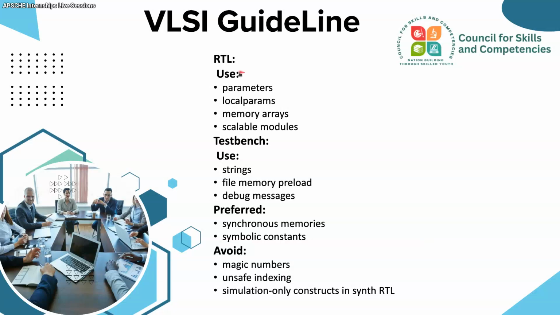So in the RTL, you can use parameter, local parameter, memory arrays, and scalable modules. For the test bench, you can use strings, file memory preload, and debug messages. It is preferred for synchronous memory and symbolic constants, and avoid hard-coded numbers, unsafe indexing, and simulation-only constructs in synthesizable RTL.